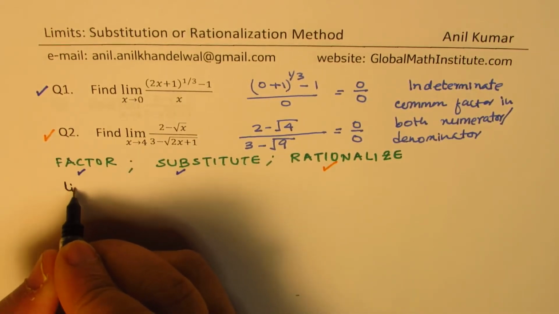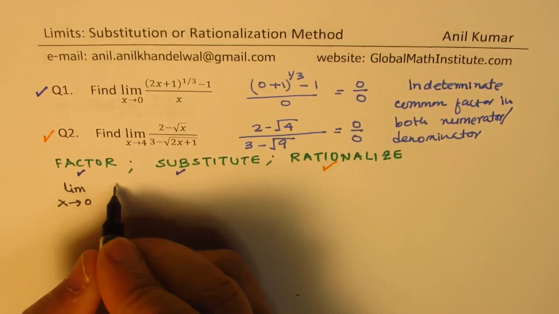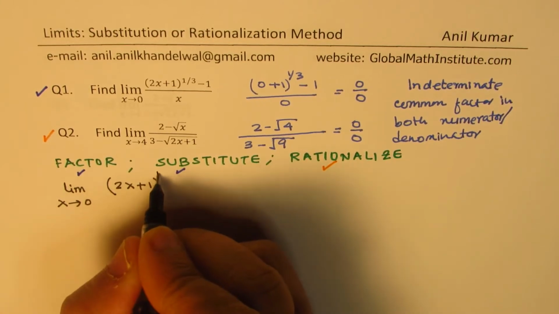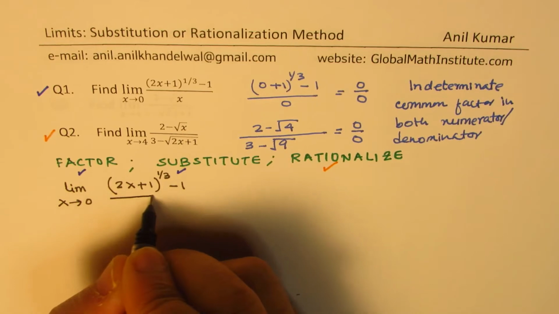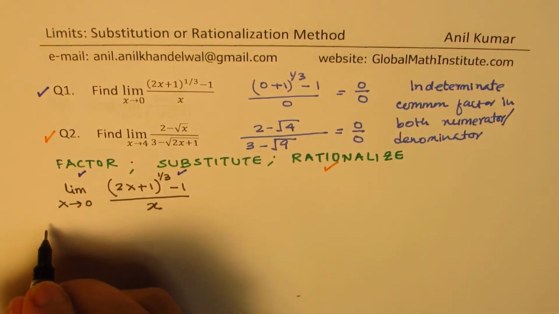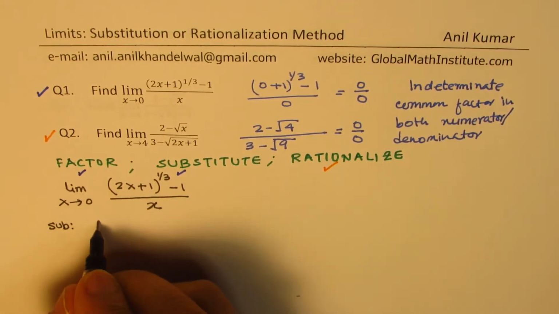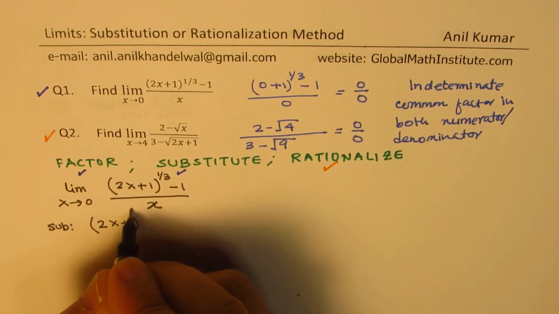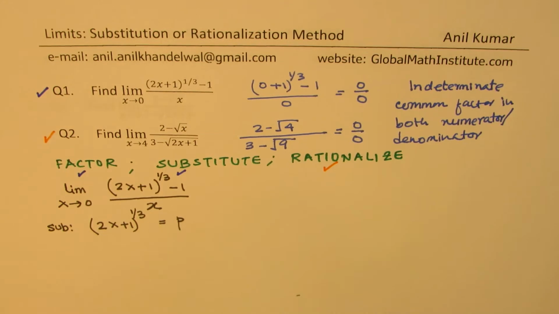So we need to find the limit when x approaches 0 of (2x plus 1) to the power of 1 over 3, that's the cube root, minus 1 over x. What we can do here is substitute the radical part, 2x plus 1 to the power of 1 over 3, with some other variable, let it be p.